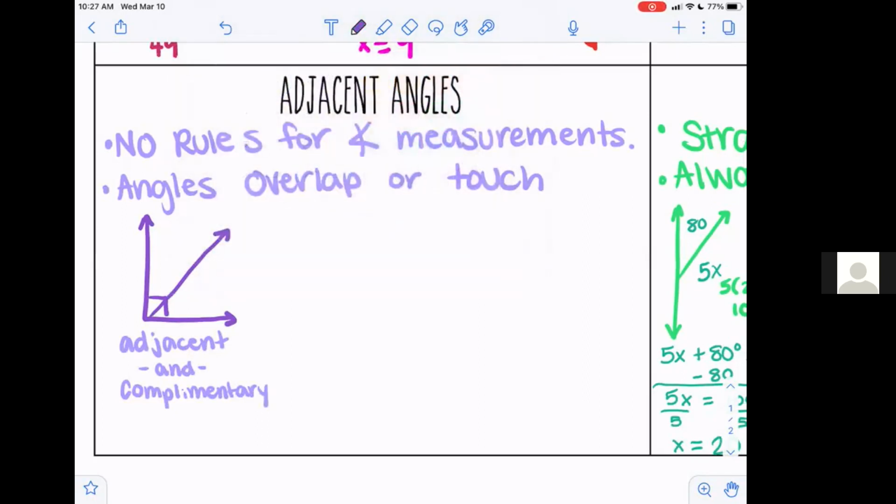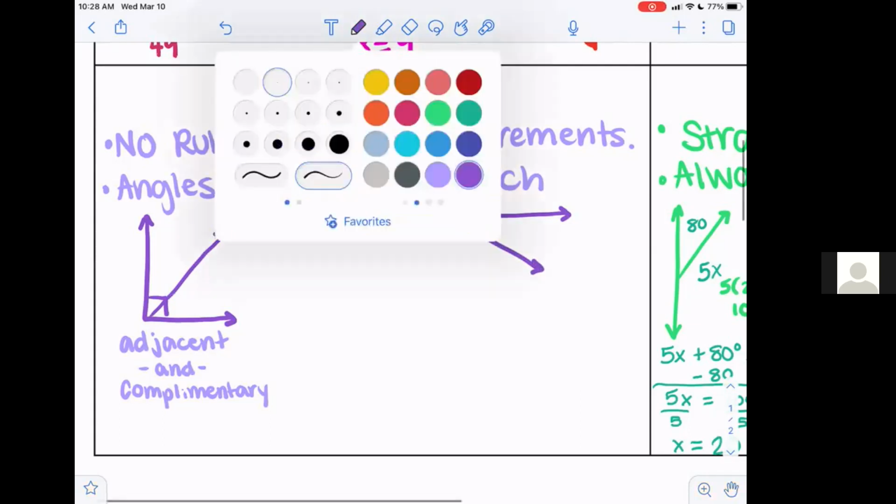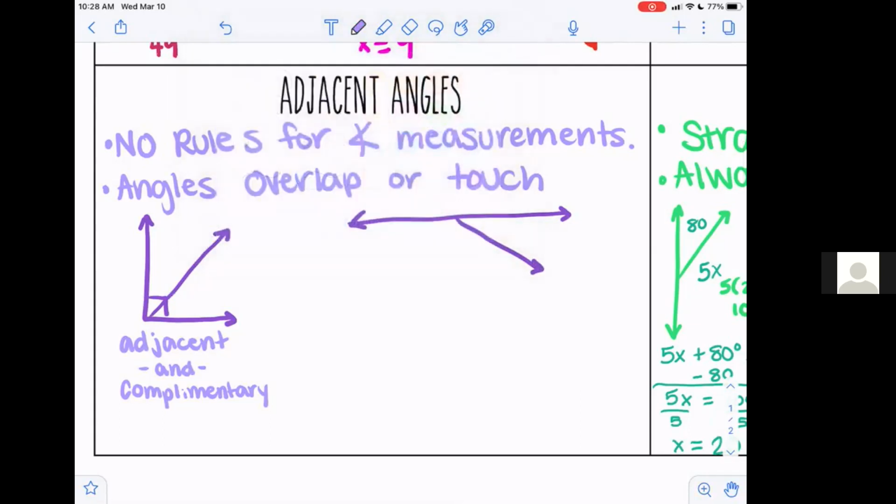Let's look at another example. If I have this straight line here, and out comes this jut off to the side here, this one is making a straight line, and it would be adjacent because they share that middle ray. This is adjacent and supplementary since it makes that straight line.